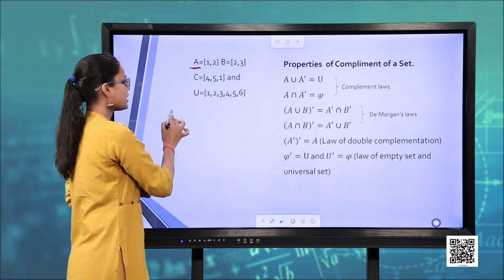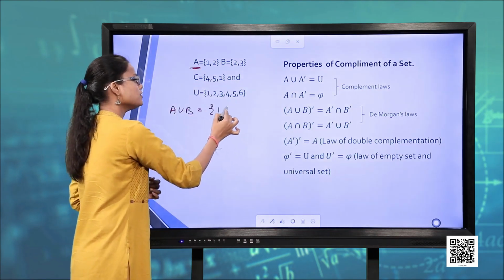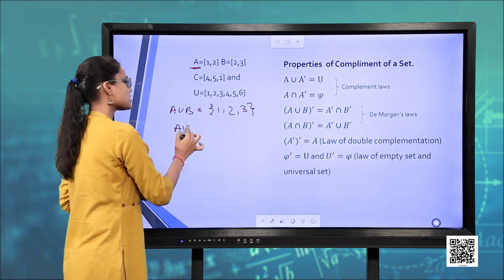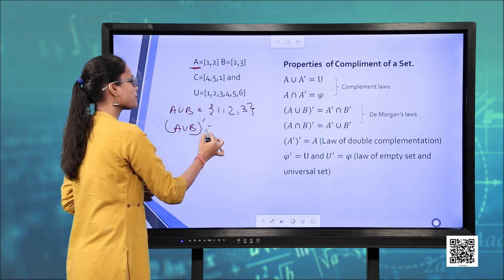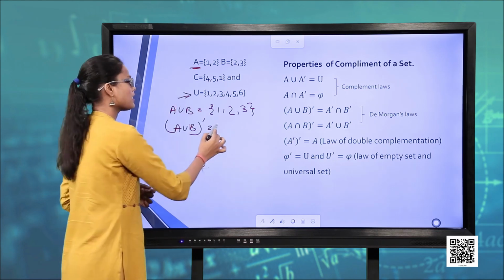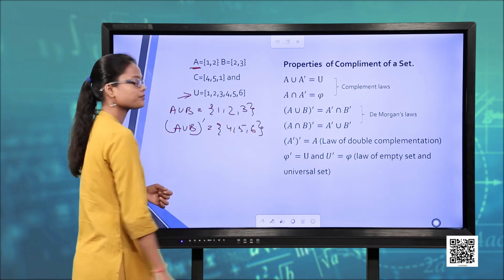Here A union B is 1, 2 and 3. So, what is A union B complement? If universal set is U, it is 4, 5 and 6.